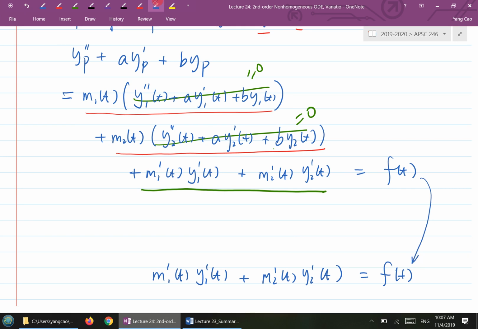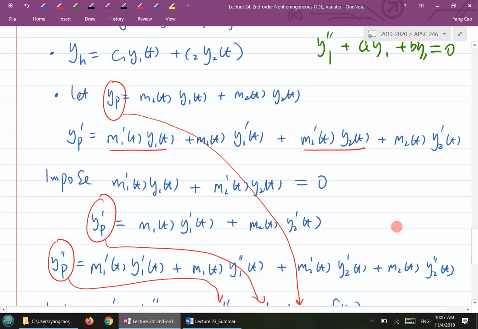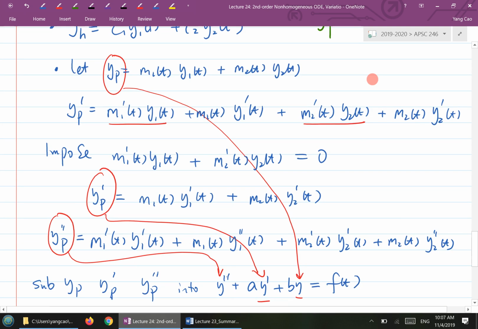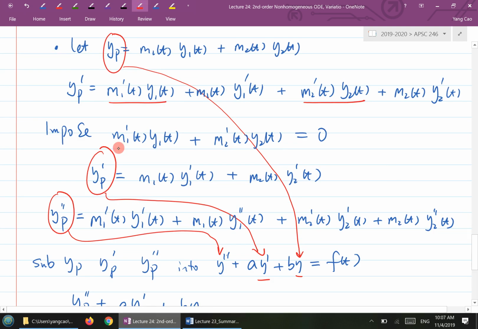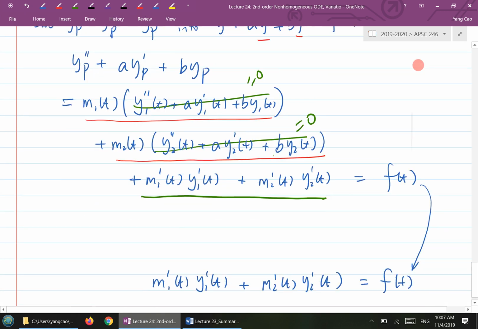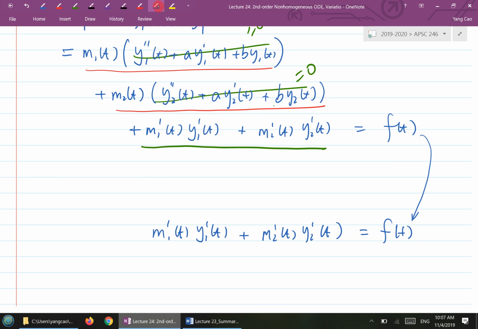And don't forget the condition we imposed, which is what? The condition we imposed is this condition. So let's put these two equations together. That condition imposed is m1 prime t times y1 of t plus m2 prime t times y2 of t equal to 0.